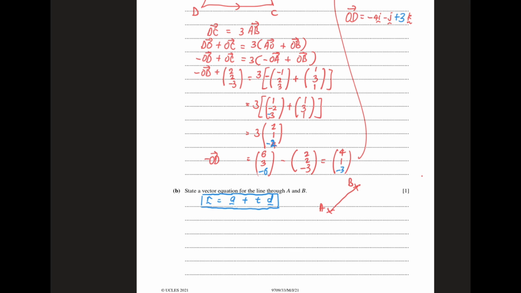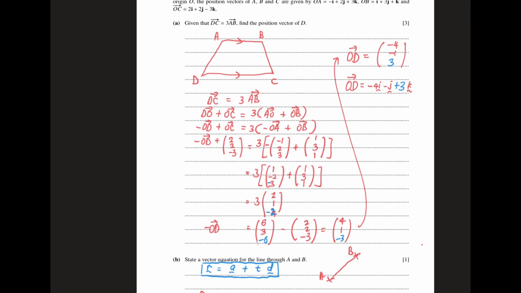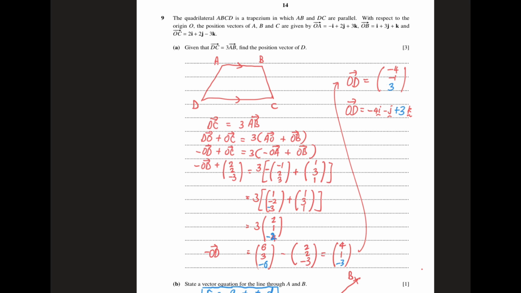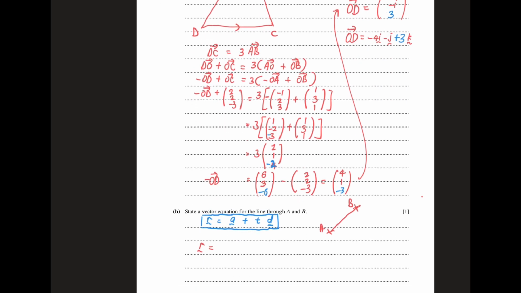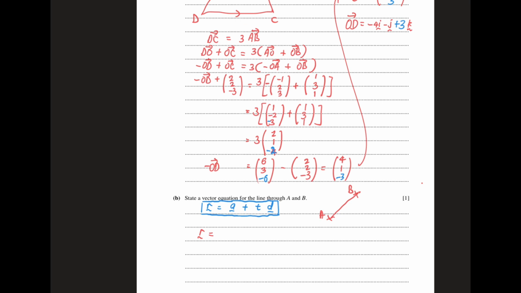So I'm going to put OA. So r equals OA, which is minus i plus 2j plus 3k. I just put it there. That's the position.